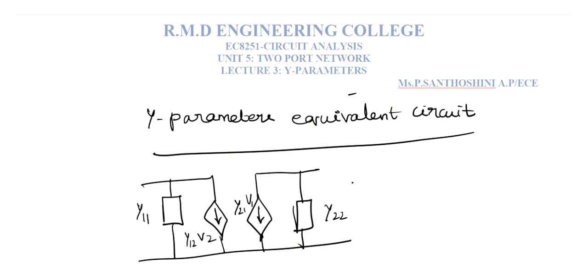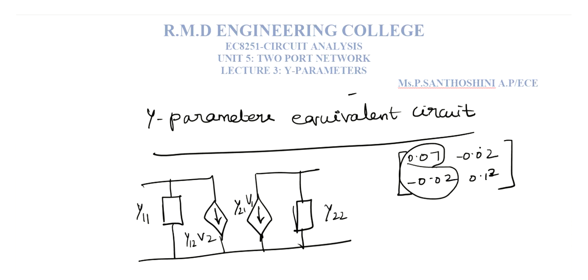For example, if you have the values, what values are you getting? 0.07, minus 0.02 and 0.12. See the previous sum, I am solving only these letters.